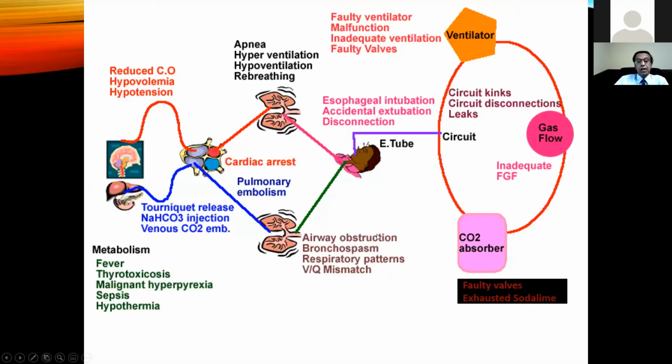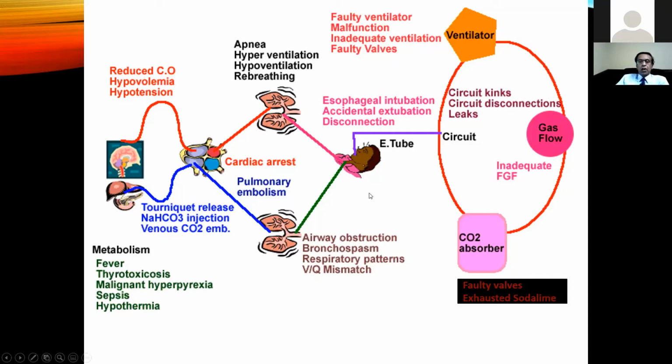Therefore, when you are monitoring CO2 at this critical junction, it gives you the entire perspective of the anesthesia circuit on one side. It also gives an entire perspective on the patient's side, right from the metabolism and CO2 production, its transport via the heart to the lungs, and elimination from the lungs into the anesthesia circuit.